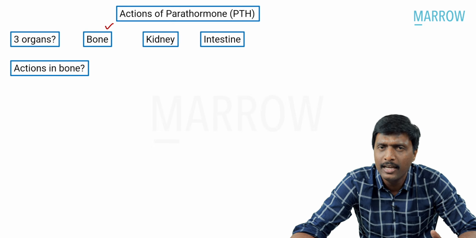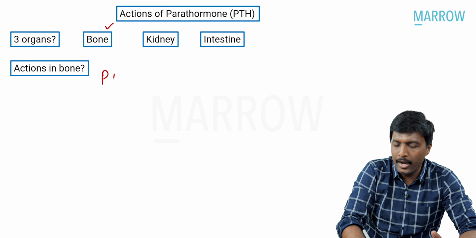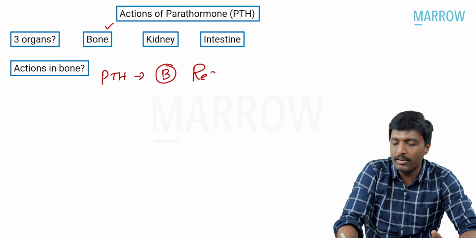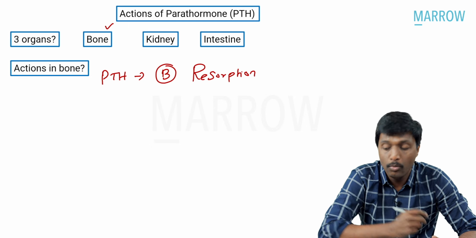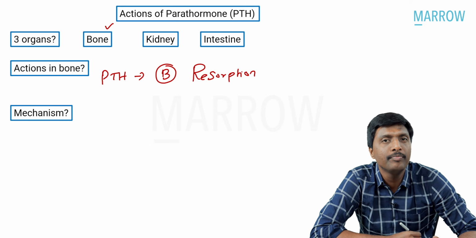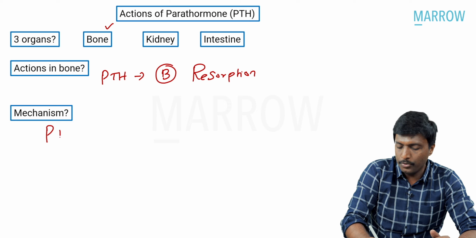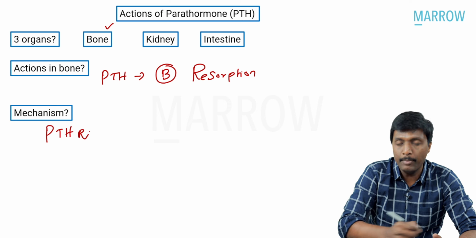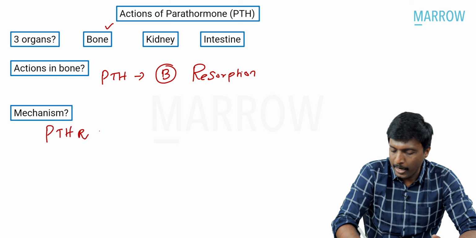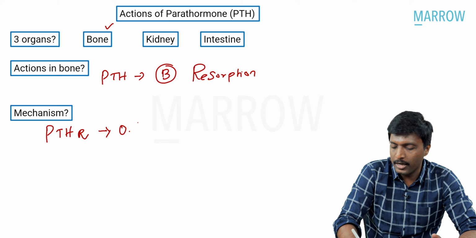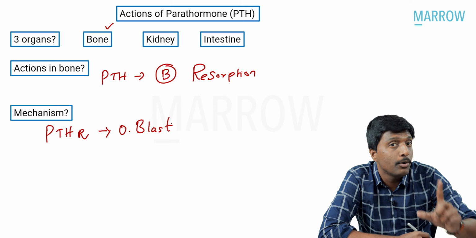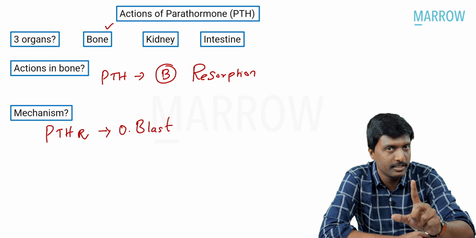Very, very simple, guys. In bone, parathyroid is definitely going to cause bone resorption. Excellent. Bone resorption. What is the mechanism? It is this mechanism they usually target the MCQs into. Listen very carefully. If they ask you where the parathyroid receptors are found, they are found exclusively in the osteoblast.